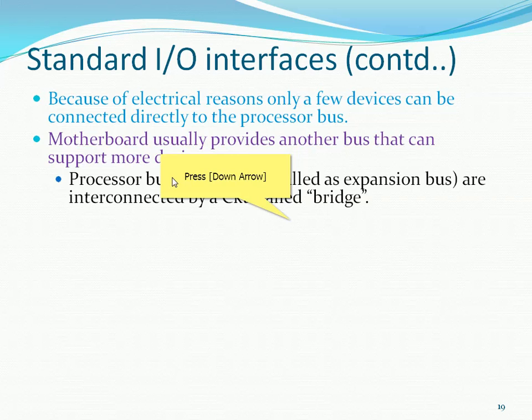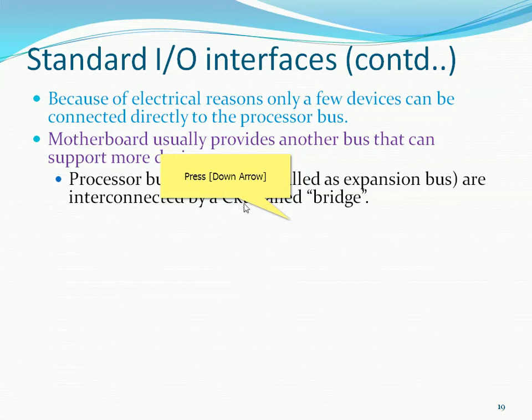The processor bus and the other bus, called the expansion bus, are interconnected by a circuit called a bridge. The bridge circuit is able to transfer data between the processor and the other devices, right? So the bridge is a circuit with the capability to transfer data. The processor may talk in terms of high speed and less data, while the device on the other side handles more data at low speed. So there is a gap of speed or size.